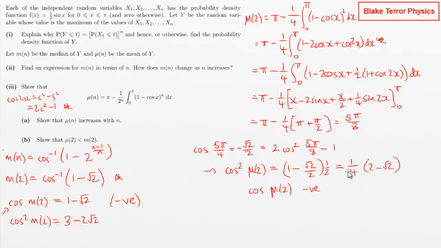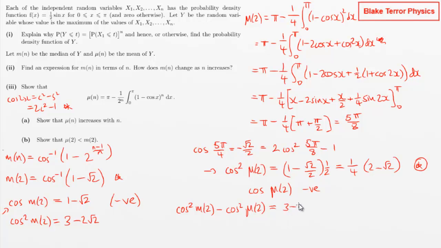So now what do I want to do? Now I want to say which one of these is bigger. I need to show that this thing is smaller. This one's meant to be the smaller one. So let's look at the difference between them and see if I end up getting something positive or negative. So let's do cos squared of pi over 2 minus cos squared of the other angle.